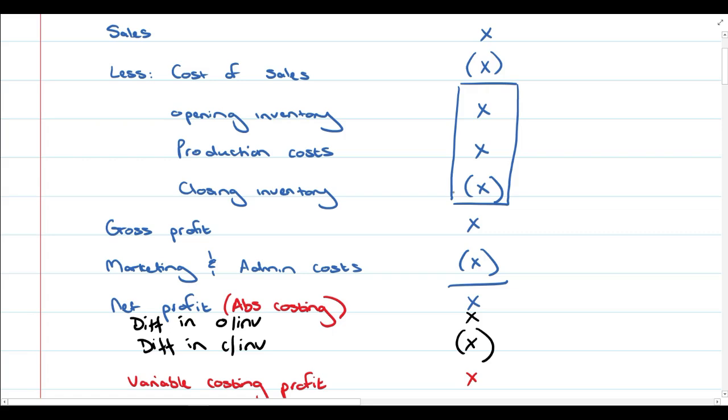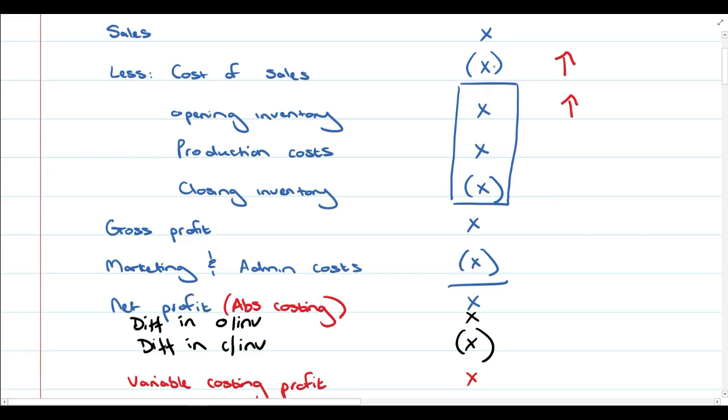If absorption costing is used, we include both fixed and variable manufacturing costs in the value of inventory. So opening inventory will be higher if absorption costing is used. It will be lower if variable costing is used because we only include variable manufacturing costs in the value of inventory. So with absorption costing, opening inventory is higher. So if opening inventory is higher, cost of sales is going to be higher.